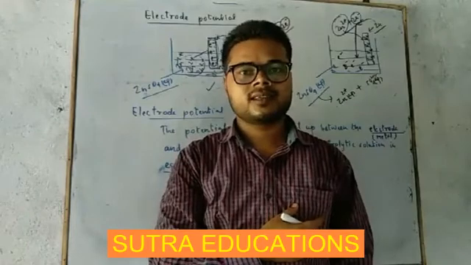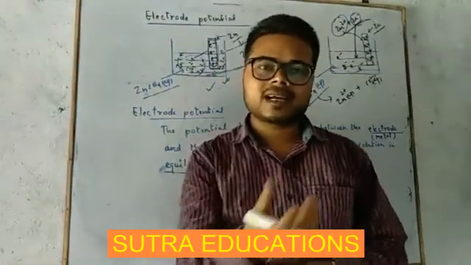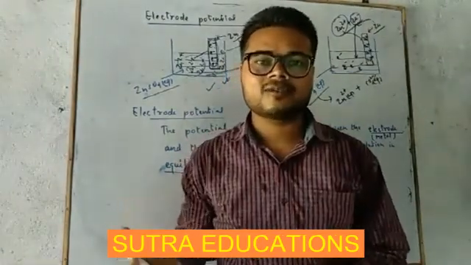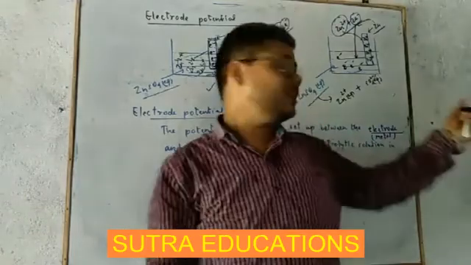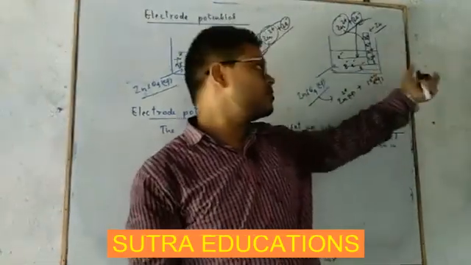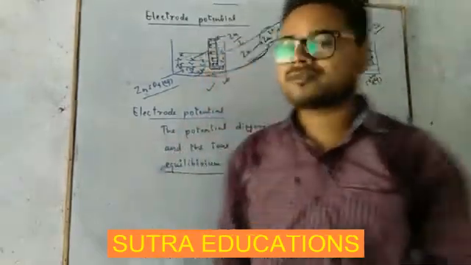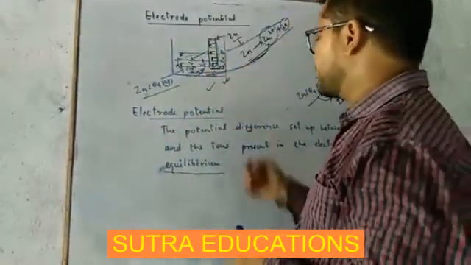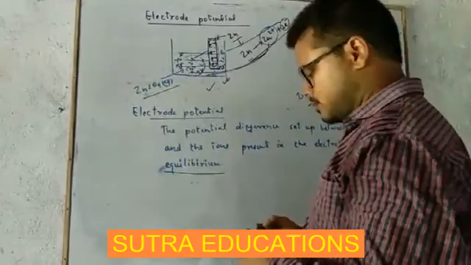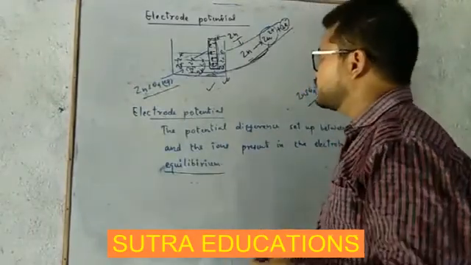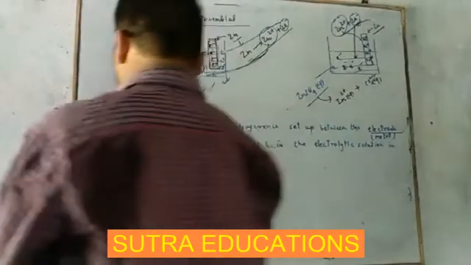Getting this? And when it starts attracting electrons, it shows reduction potential. Getting this? Electrode potential is further divided.